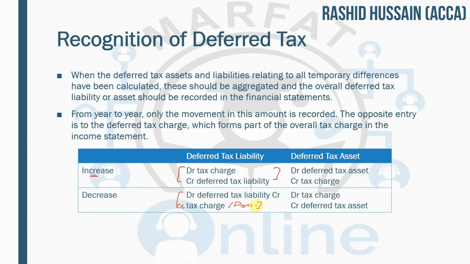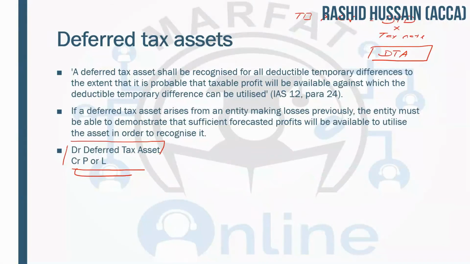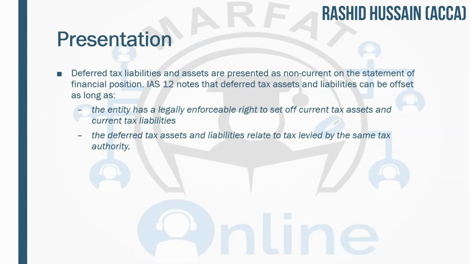The deferred tax asset is opposite. If there is an increase, the asset will be increased and there will be a credit to profit or loss. If the deferred tax asset is decreased, then there's going to be an opposite entry. So remember this: once we have recorded the deferred tax asset or the deferred tax liability, next time you're going to just see the increase and decrease in that.